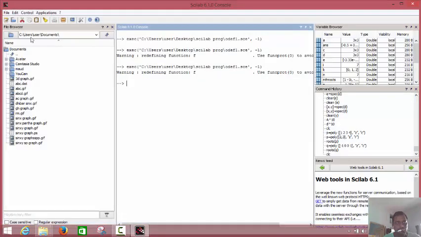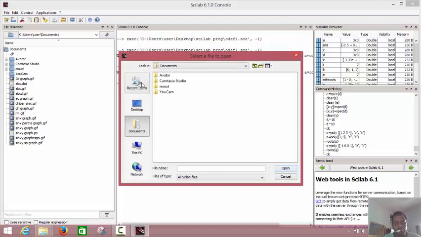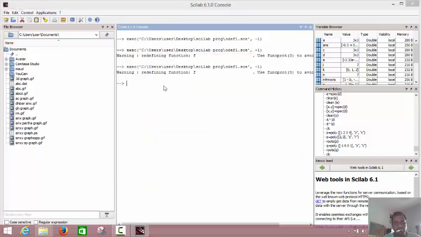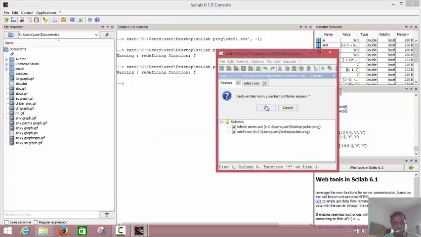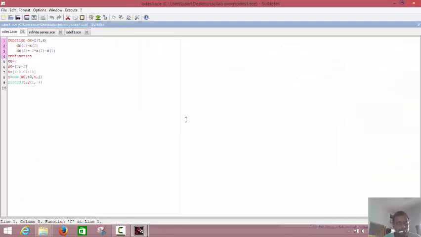To do this, we have written the program like this. We have d2y/dt2 equals minus 2 dy/dt minus y.